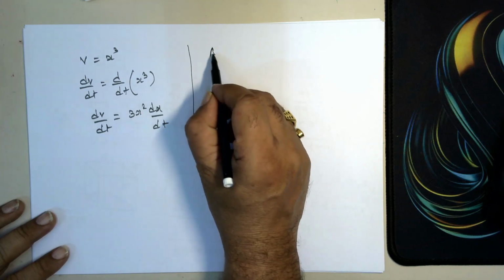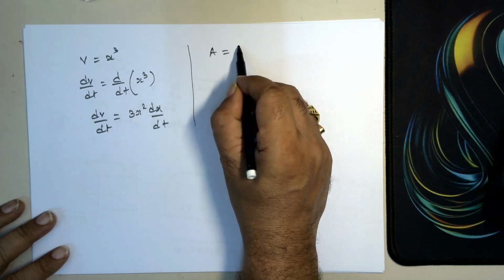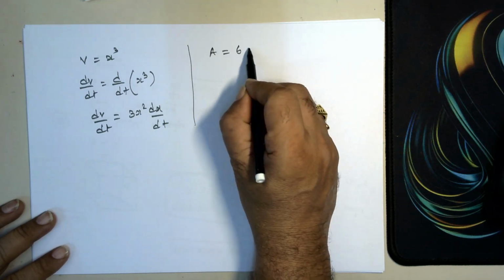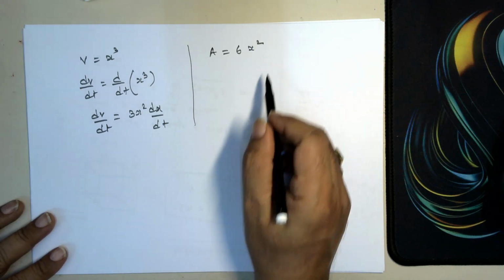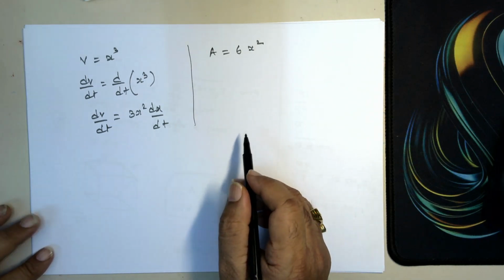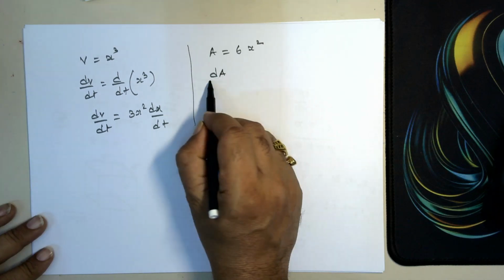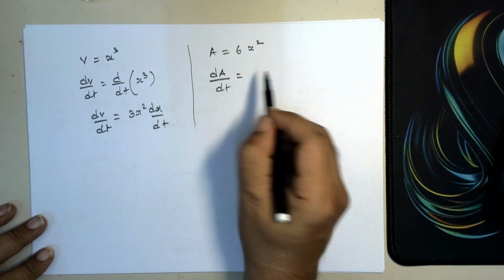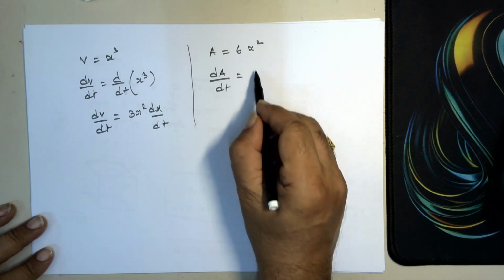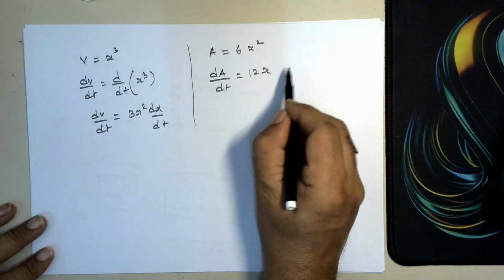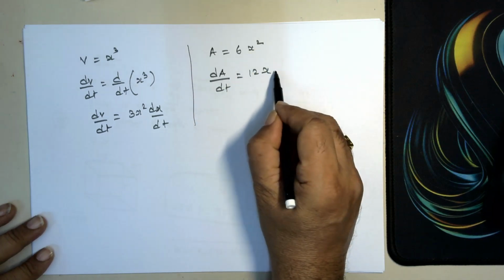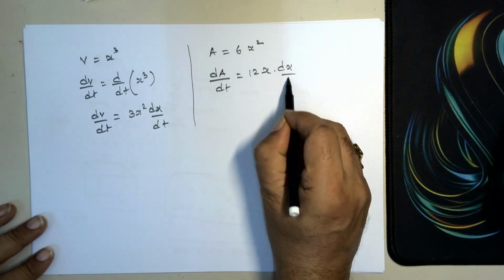Now, what about area? That is 6x squared. So let us differentiate this. This dA by dt is equal to 6 into 2, 12x, dx by dt, right?